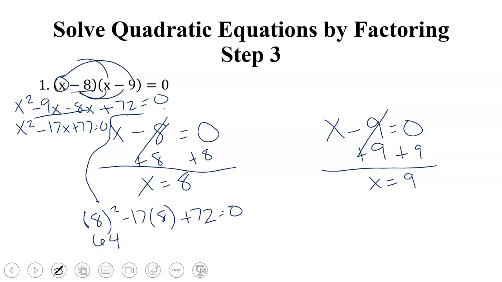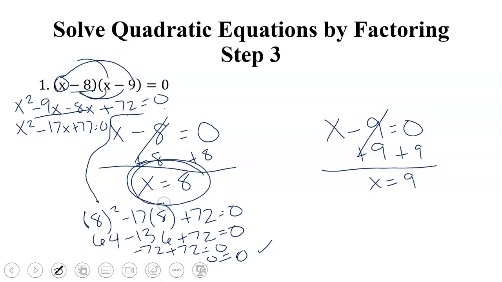Negative 17 times 8 is negative 136 plus 72 equals 0. And then this equals negative 72 plus 72, so that's 0 equals 0. So does 0 equal 0? Yes, it does. So that means this is one of our answers.